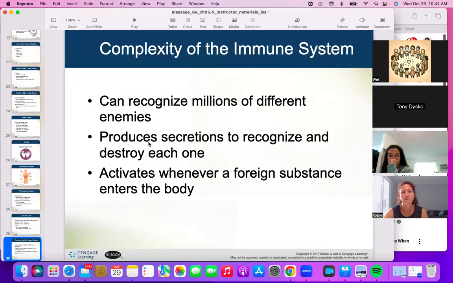Then it produces secretions and recognizes and destroys each one according to its ID, let's say. Every disease, virus or chemical has its own ID, its own molecular pattern, and the body recognizes the pattern and activates whenever a foreign substance enters, and the white blood cells take care of that.